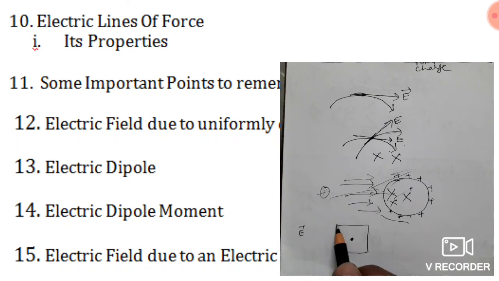The number of lines of force passing normally, at 90 degrees, to this unit area around this point gives the magnitude of the electric intensity. We can't consider the lines of force outside this area. Inside this unit area, the number of lines of force gives the magnitude of electric intensity at this point. So this is one most important property of electric lines of force.